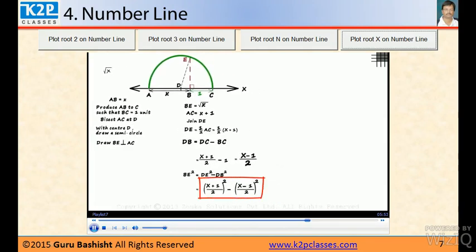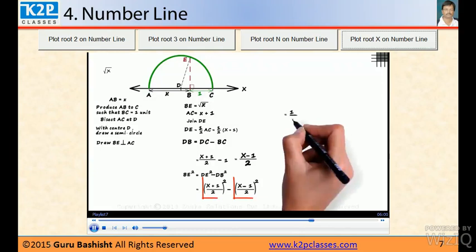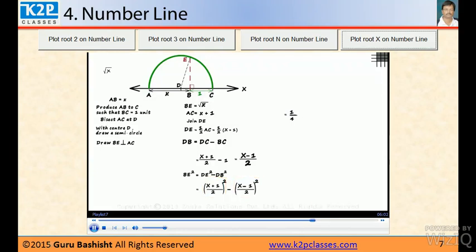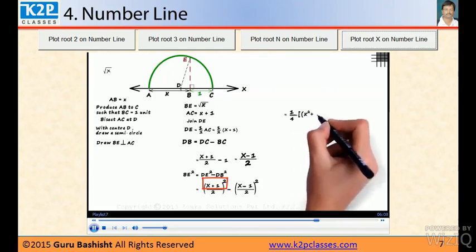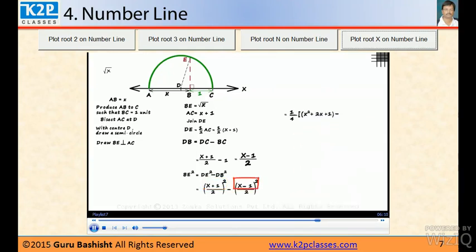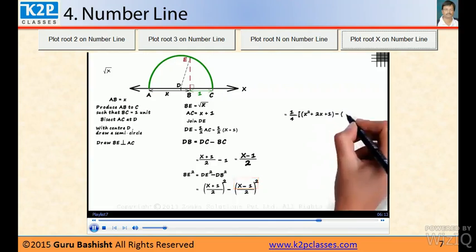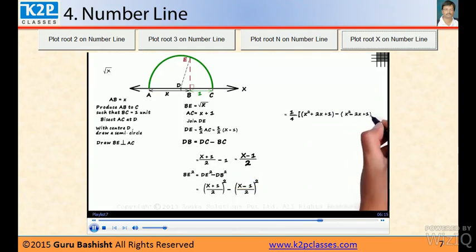Since both are squared, we will get a 4 common in both the denominators. So let's separate 1 by 4 from both the terms. x plus 1 the whole squared will equal x squared plus 2x plus 1, and x minus 1 the whole squared equals x squared minus 2x plus 1.